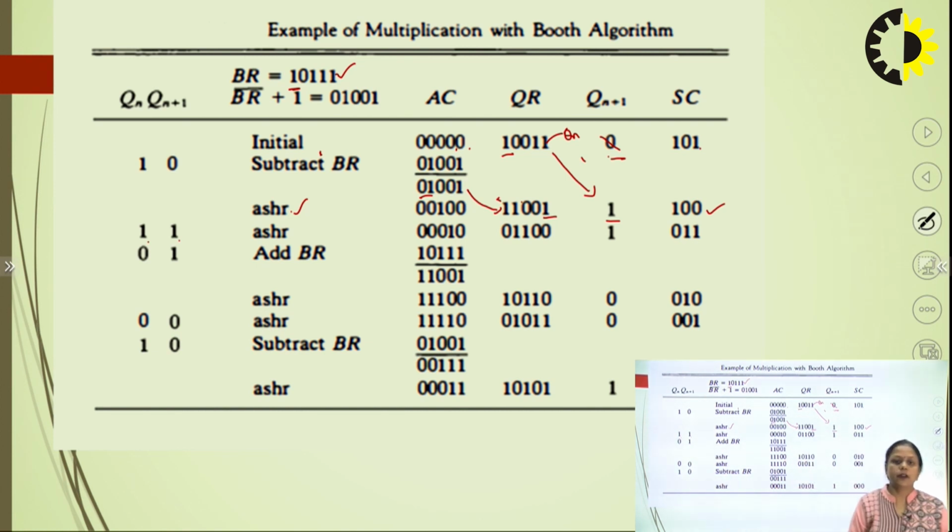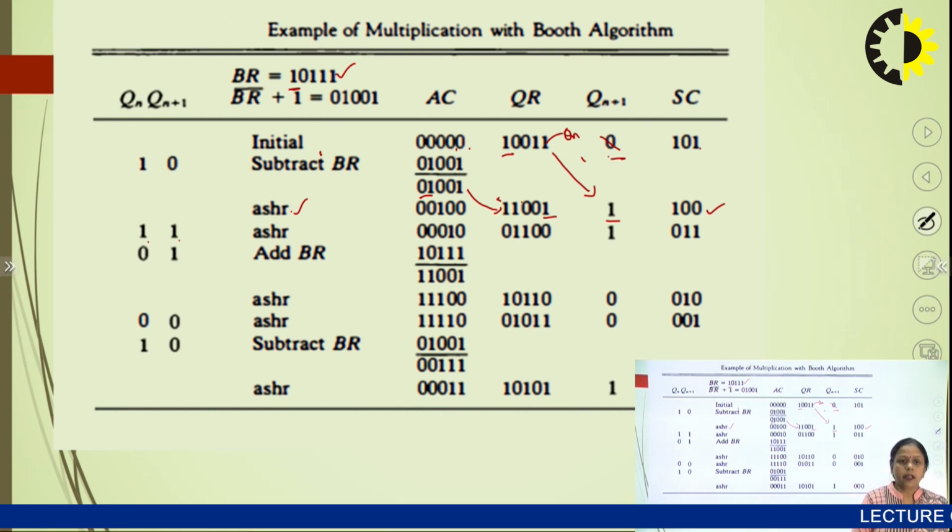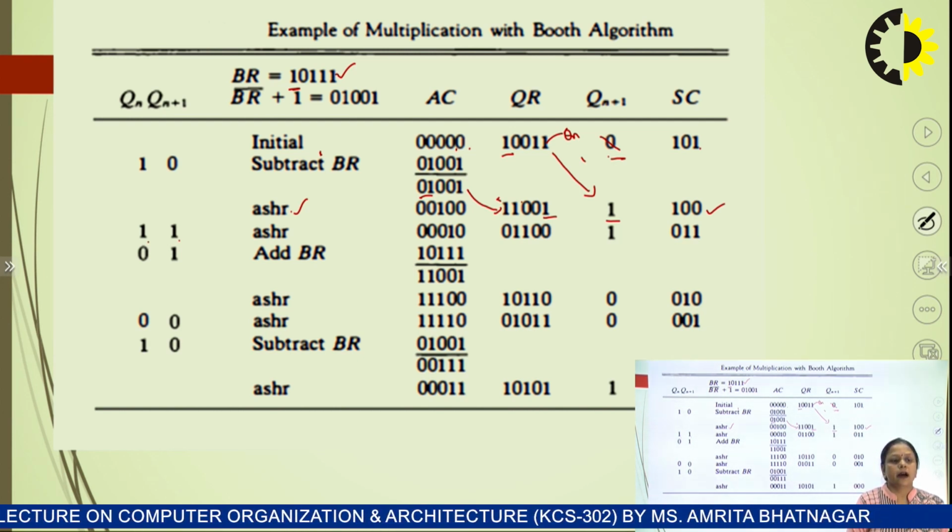In the case of 1, 1, when both values Qn and Qn plus 1 are the same, we will not subtract or add any value in the accumulator. We will directly do arithmetic shift right.